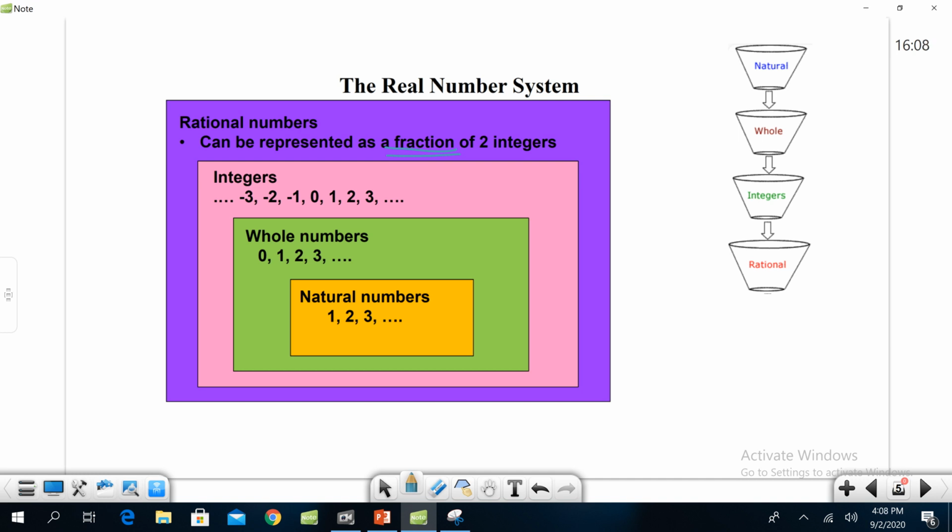So rational numbers include my natural numbers, include my whole numbers, include my integers, but also include my repeating decimals and my terminating decimals.